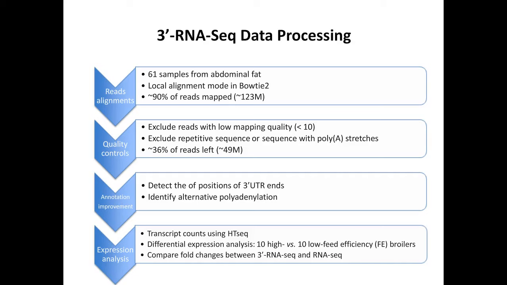After this, we went to the second step, quality control. In quality control, we excluded the low quality mapping reads, for example, with a criterion of a mapping quality less than 10. After that, we excluded repetitive sequences or sequences with poly-A stretches.